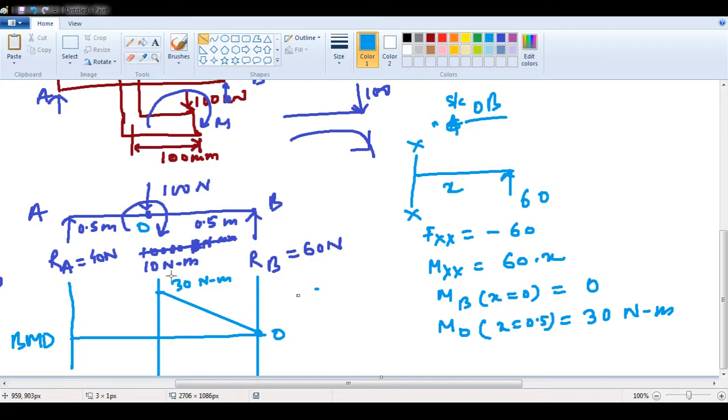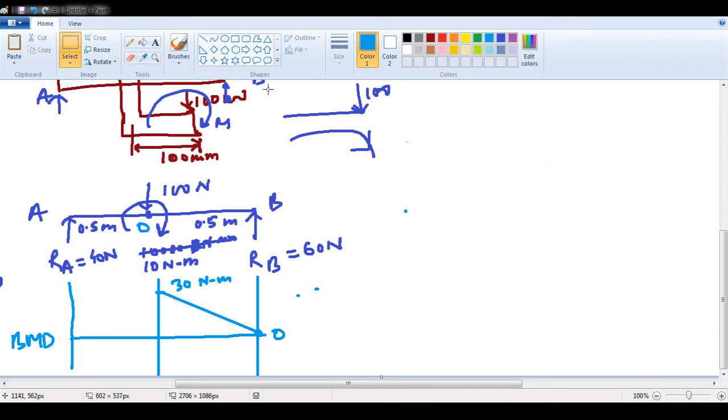Okay, next, let us check. The question is asking what is the maximum bending moment. So maximum can be over here also, correct or not? So let us check that way. So now I'll go by the left hand section. If I go by the left hand section, I'll take a section XX, x from the left side.